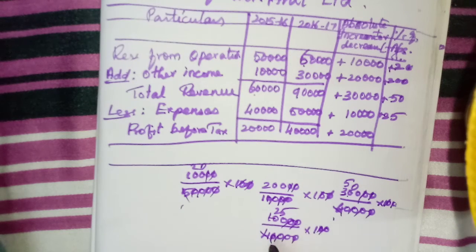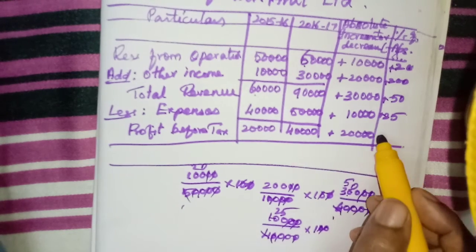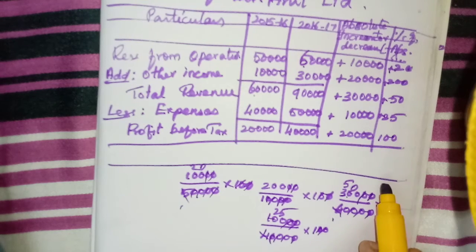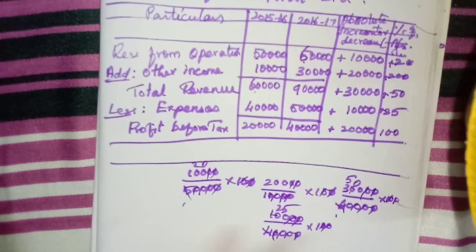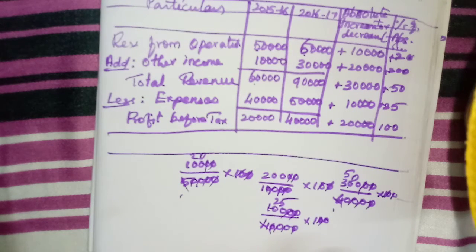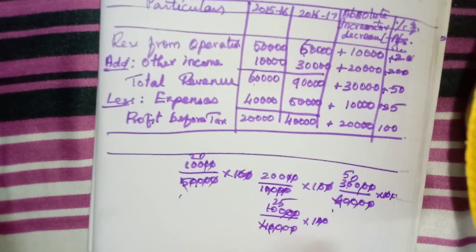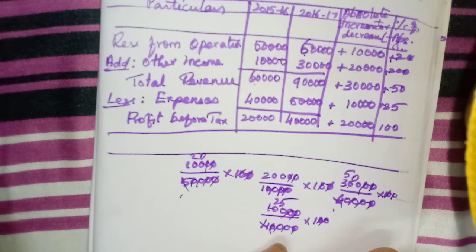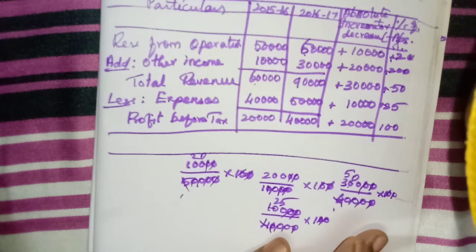Then for 20,000, 20,000, so 100. That's all, you have to calculate. For this, they may ask for 5 marks or 3 marks. First problem over. Next, the second problem.